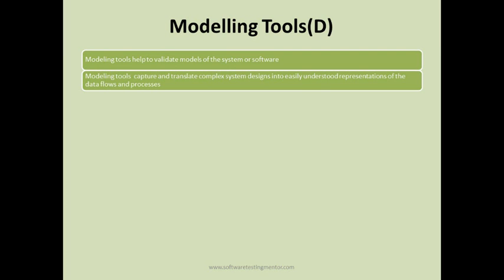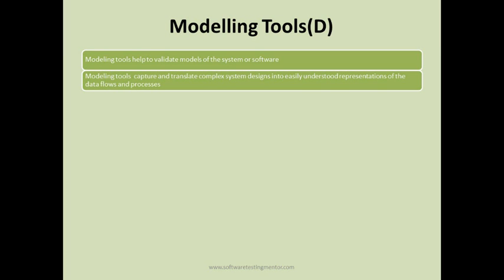So what's the purpose of a modeling tool? They help you to model the complex system design into picture format, into data flows and processes, which is very easy to understand.